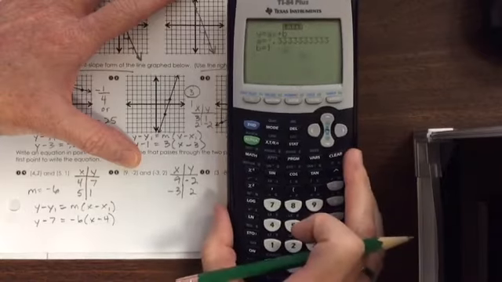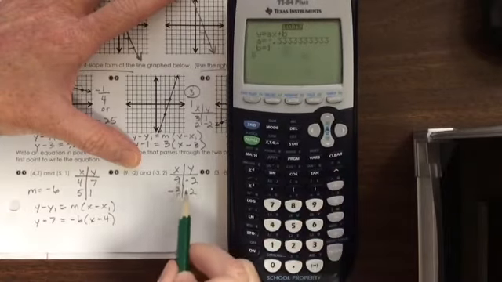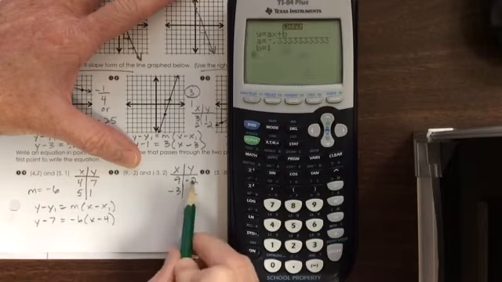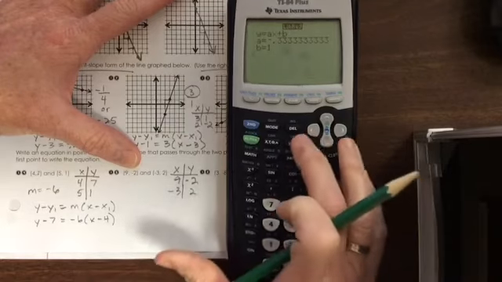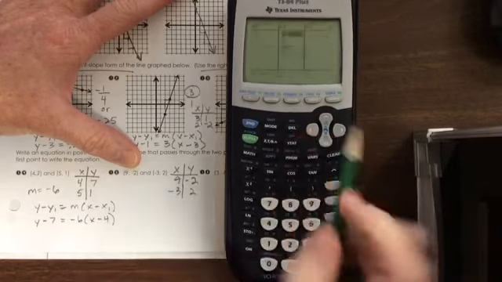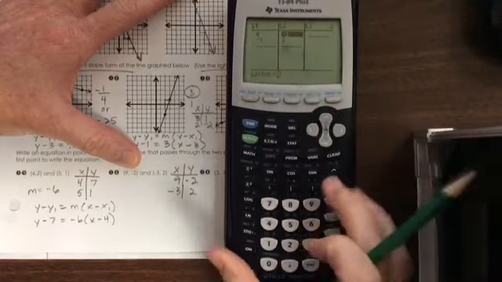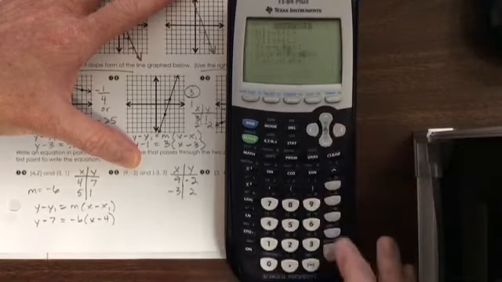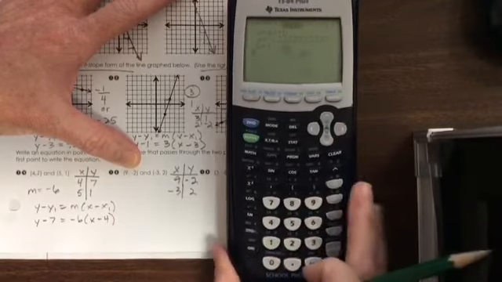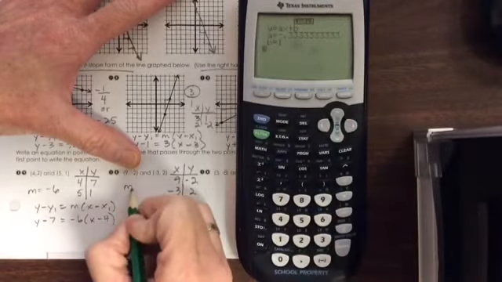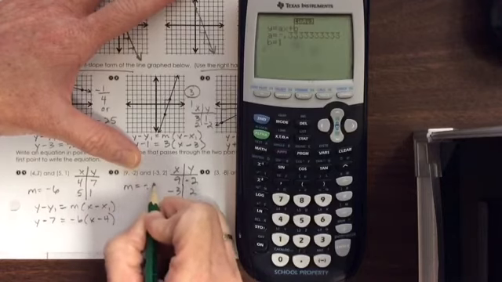And we can see 9 and -3 and -2 and 2. Let me make sure I put that in right. Stat, enter, 9, -3, -2 and 2. Yep. Stat, tab 4, enter. And we can see our slope is -0.33.